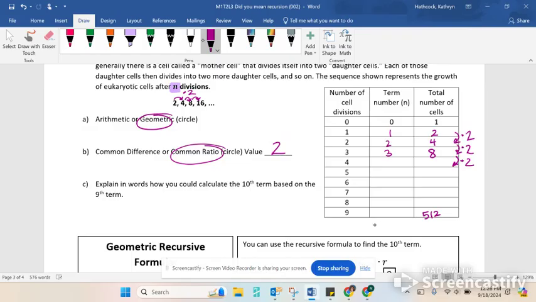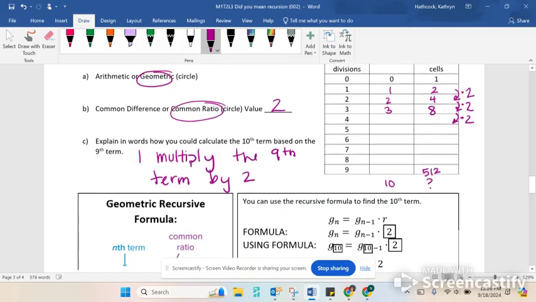How would you get the next number? If this is a 10 right here, what's this number going to be? Multiply your 9th term by 2, you'll get the next number.